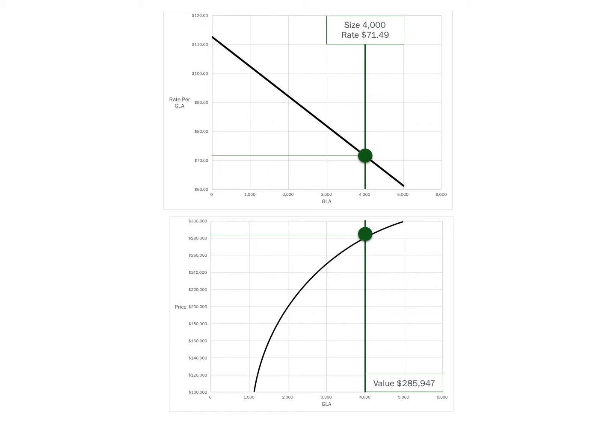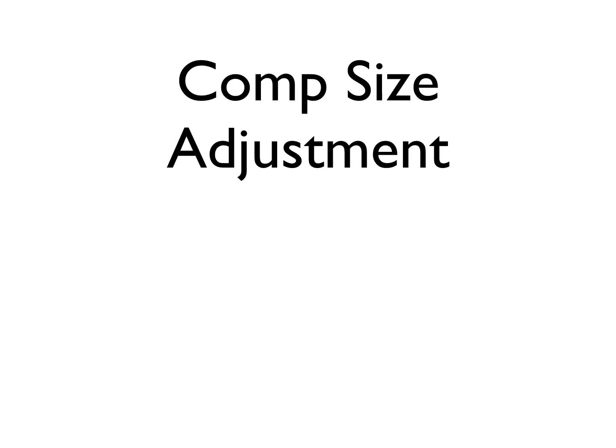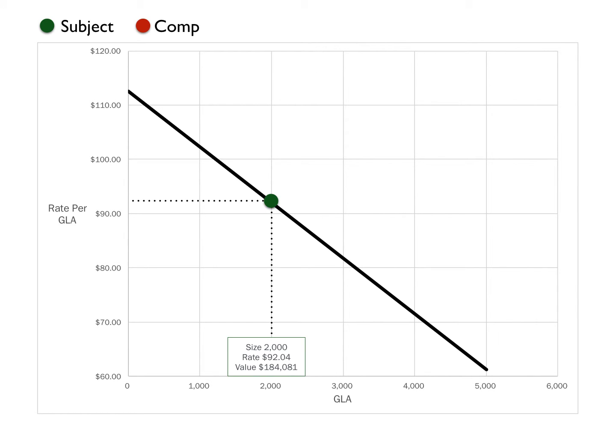It will move, and it will recalculate the size, the rate, and the value. So once we've got ourselves comfortable with that, we can move on to the comp analysis, or the comp size adjustment analysis.